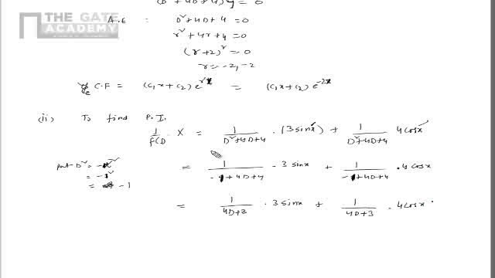Now when we have something like this, you can't express it in terms of D^2, so you can multiply and divide by 4D - 3. So (4D + 3)(4D - 3) will make 16D^2 - 9 in the denominator, times 3 sin x. Similarly here also.